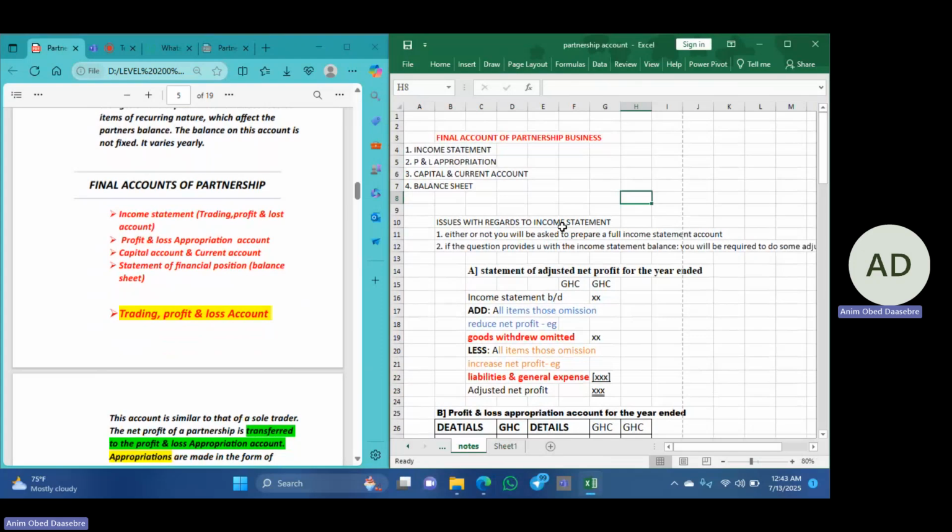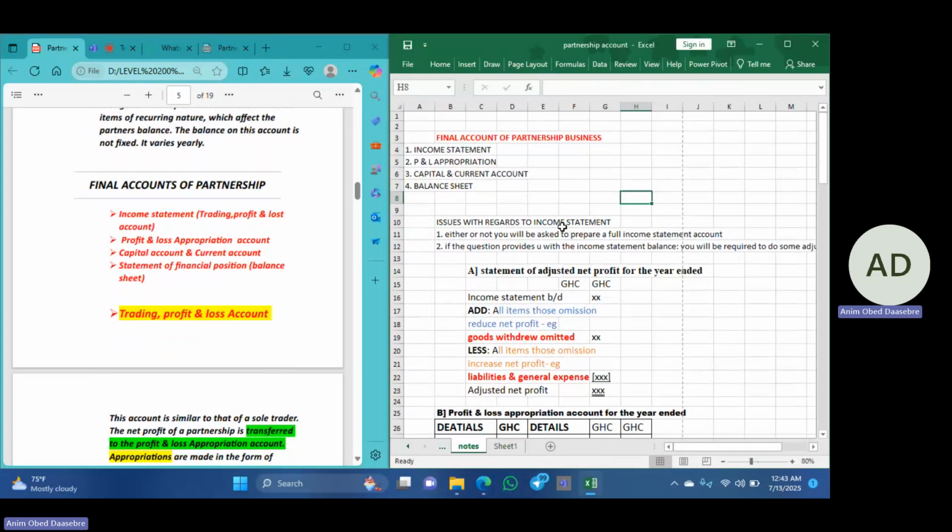In case they don't ask you to prepare the income statement yourself, or they don't give you full information about the items, you will be provided with certain items that were not included in the income statement.